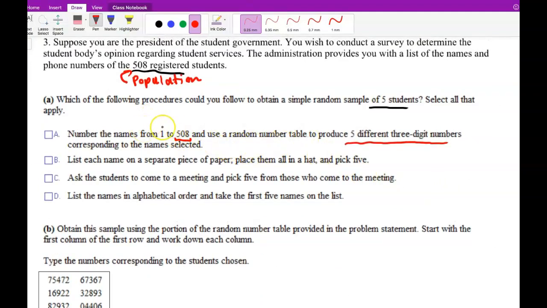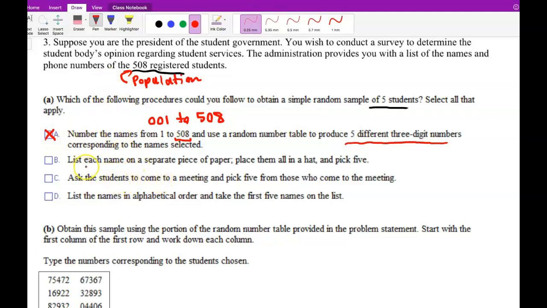What this means here is we have 001 to 508. So 5 different 3-digit numbers corresponding to the names selected. It's asking if we can follow this method. Yes, this is correct because this is exactly what we did on the previous example.